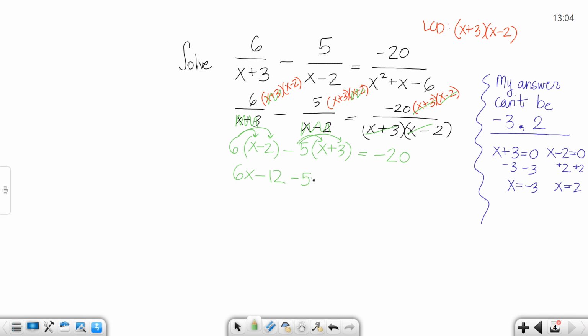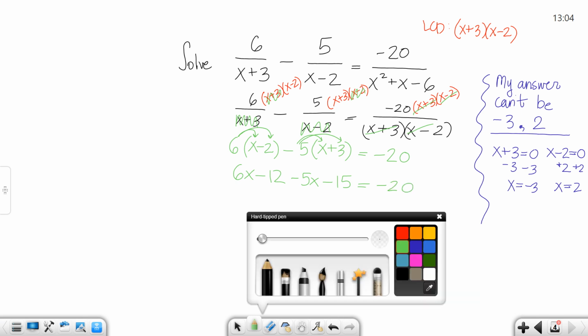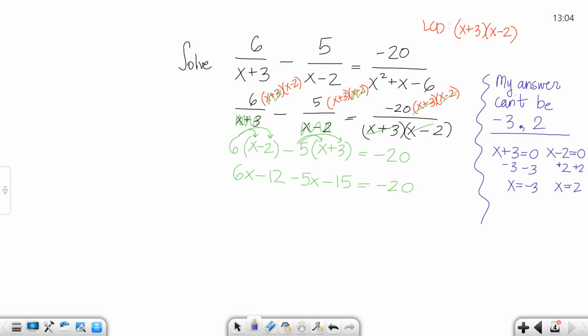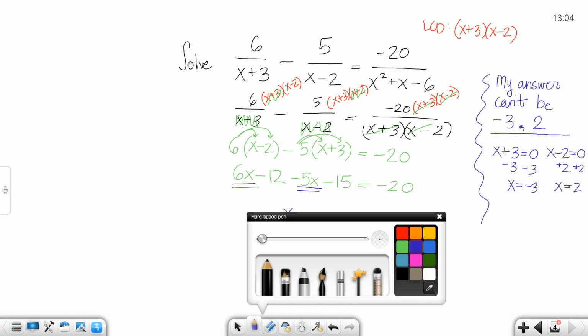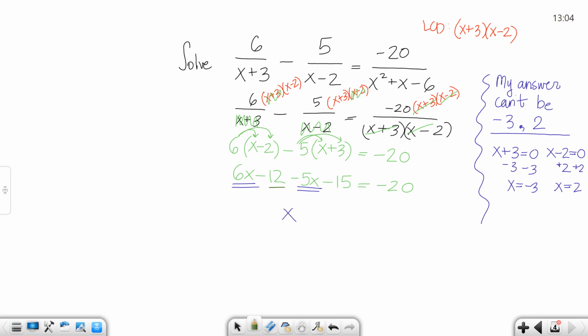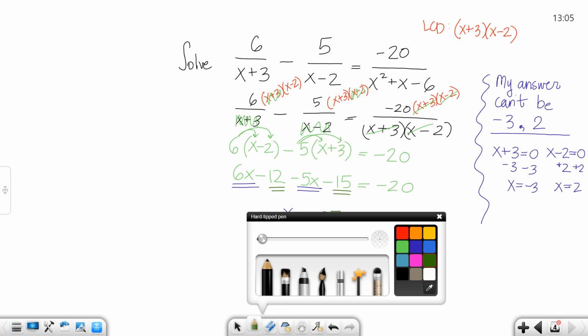That's a negative 5x minus 15, and that equals negative 20. On this left side over here, I have 6x minus 5x, so 6x minus 5x would just be a 1x. And I also have negative 12 minus 15. So those have the same sign, so I add and keep the sign, and that would give me a negative 27.